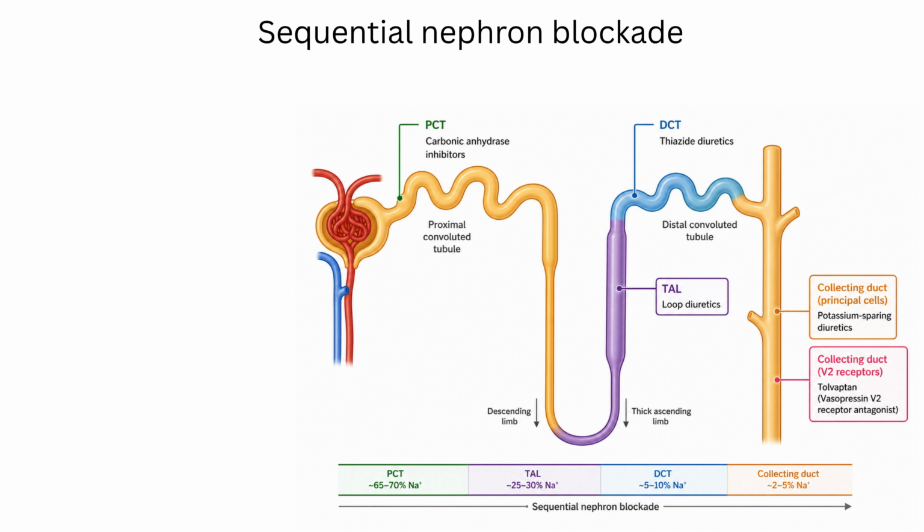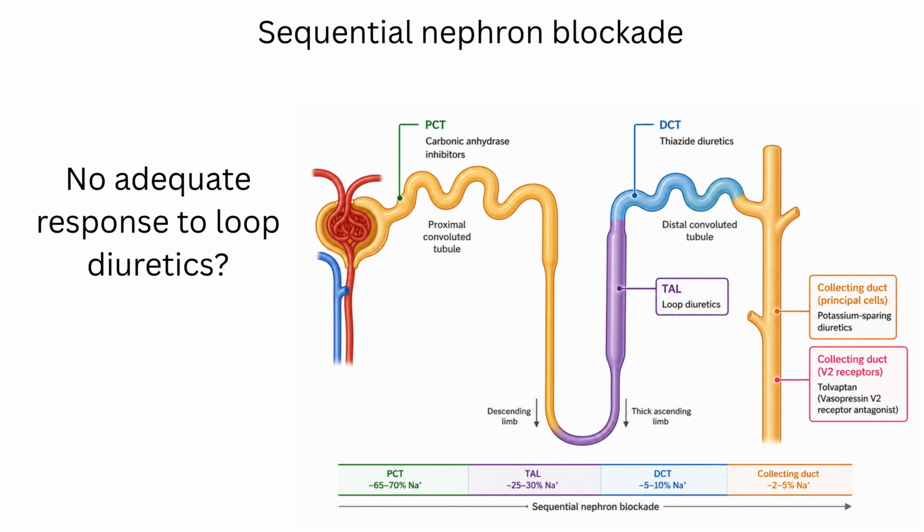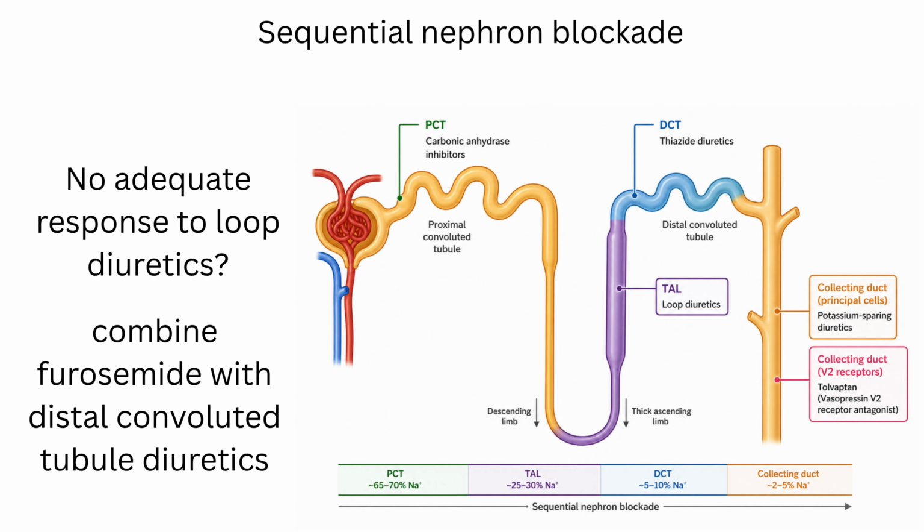If we're still not achieving adequate diuresis, despite intravenous furosemide given as a bolus or continuous infusion, the first step is to combine furosemide with a diuretic that acts on the distal convoluted tubule, such as metolazone or chlorthalidone, and then reassess the patient's response.